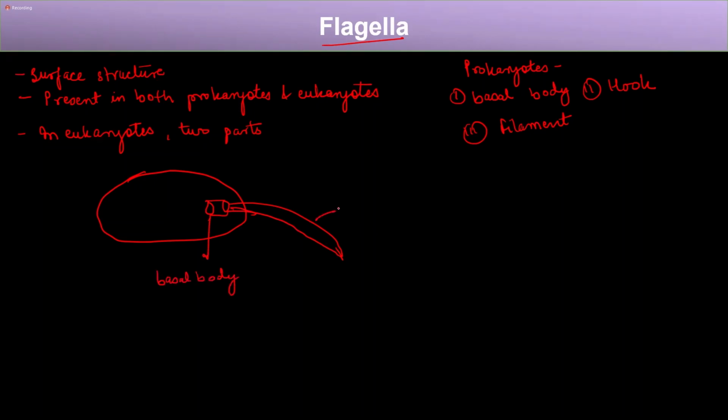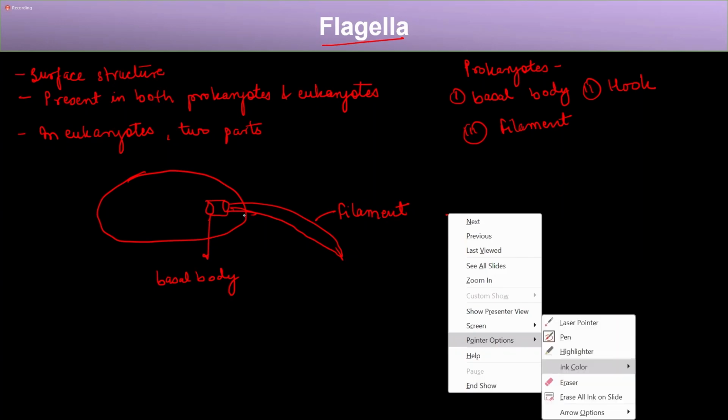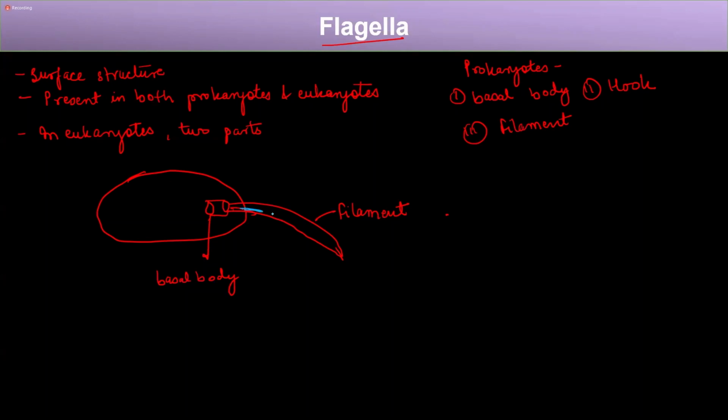In the case of eukaryotic cells, the flagella has two parts, and in the filament section, they have this structure, which is again known as axoneme.